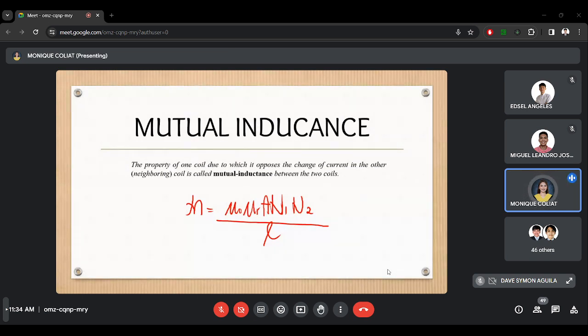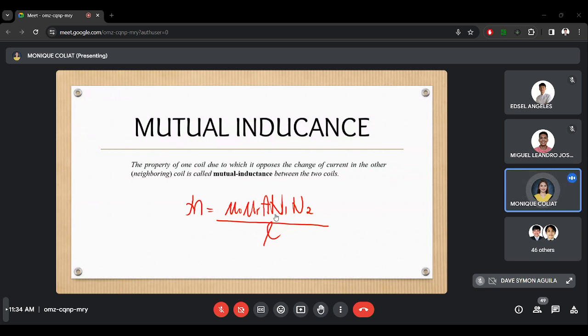To get that mutual inductance, we have mu o mu r A N1 N2 over l: the area, the number of turns in the first coil, the number of turns in the second coil, and the length of the coil.